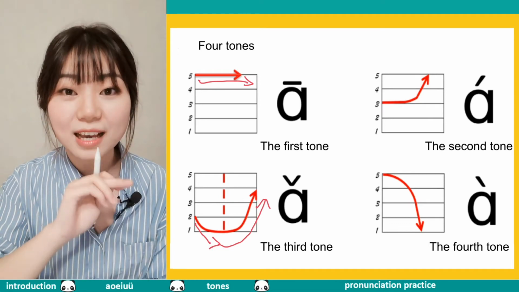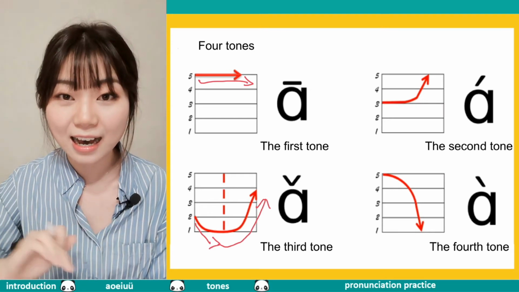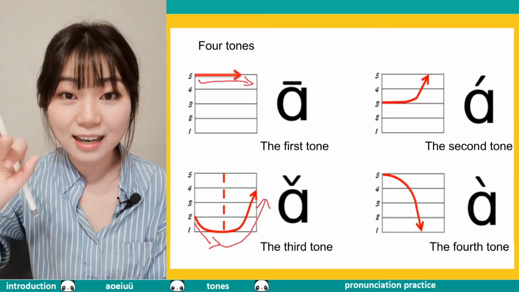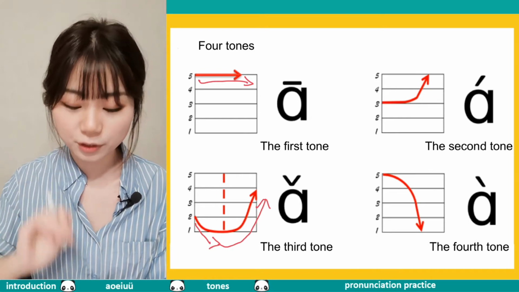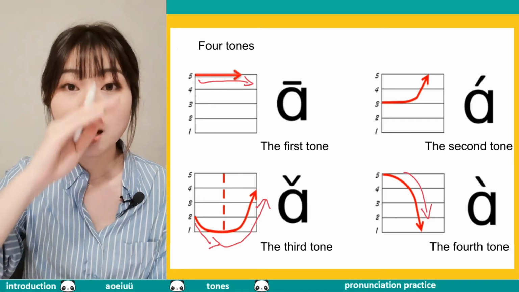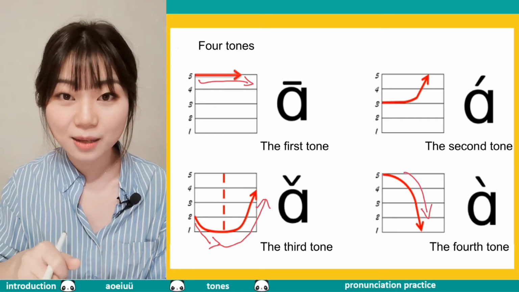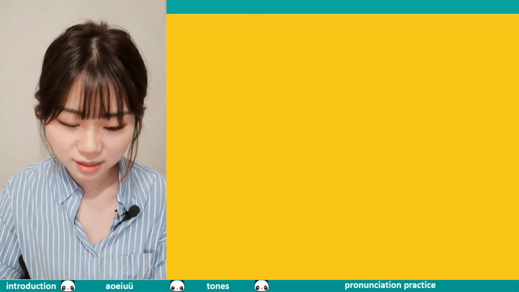Practice with me. Grab your chart. Next one, the fourth tone. From 5 to 1, short and strong, a strict drop. Okay, that's the 4 tones.